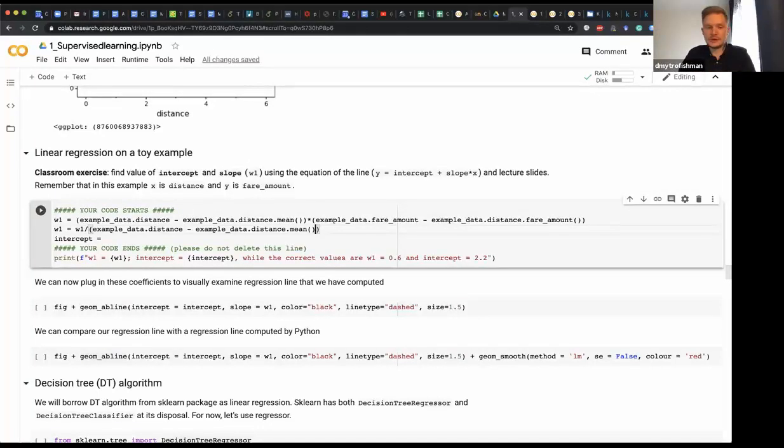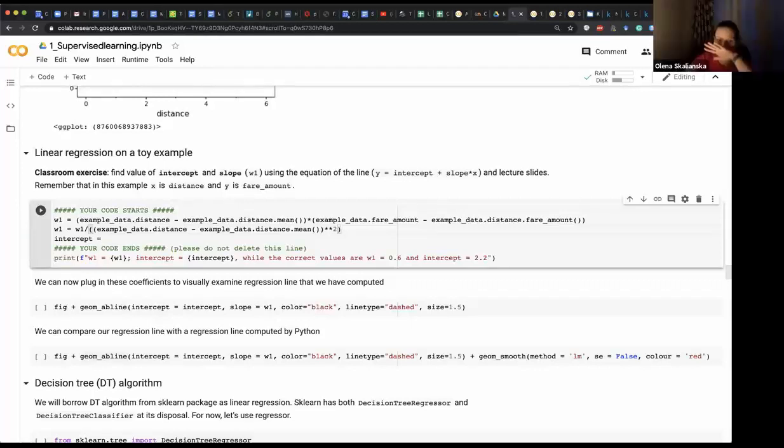Quadrat. Sorry, square. Okay, so it is squared. Anything else?